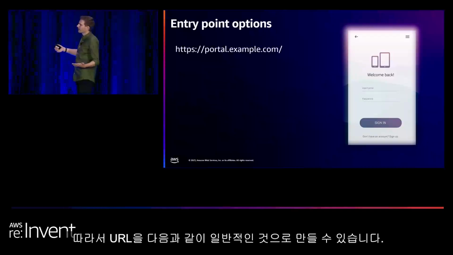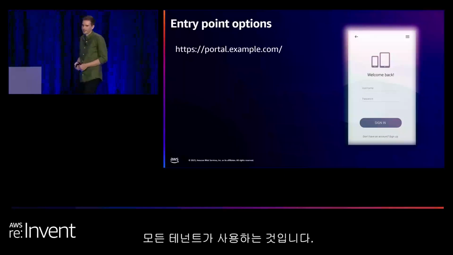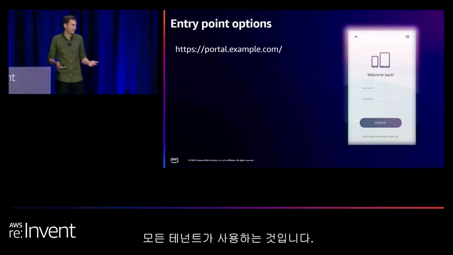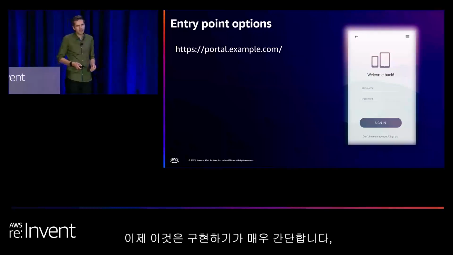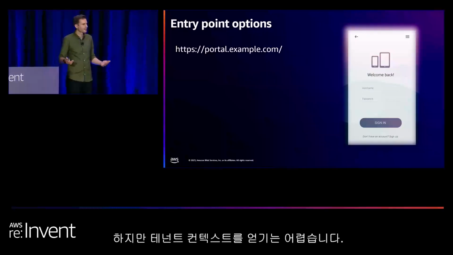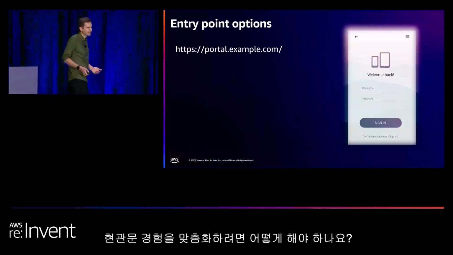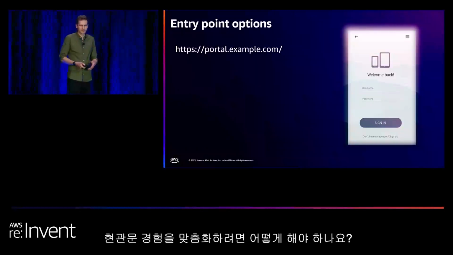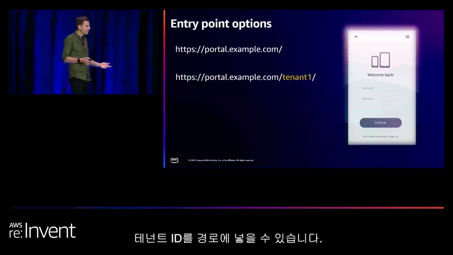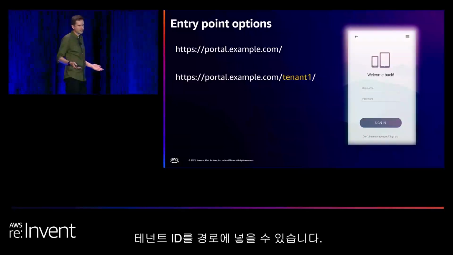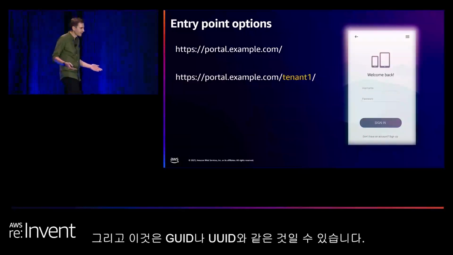So we could have our URL as something generic that's used by all tenants. Now, this is fairly simple to implement, but it's hard to get the tenant context. How do we understand who the tenant is if we want to customize the front door experience? Well, we could bake the tenant ID into the path, and this might be something like a GUID or a UUID.